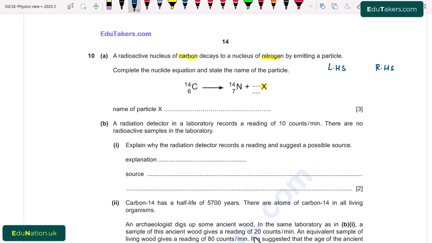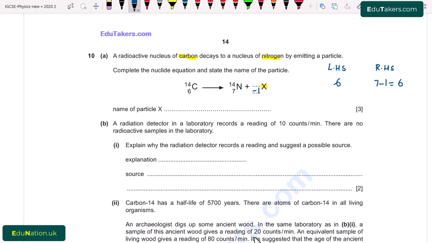The atomic number for carbon is 6, while here the atomic number is given as 7. To make these both equal, we subtract -1 here so that it becomes 6. It means that the atomic number of X is -1.